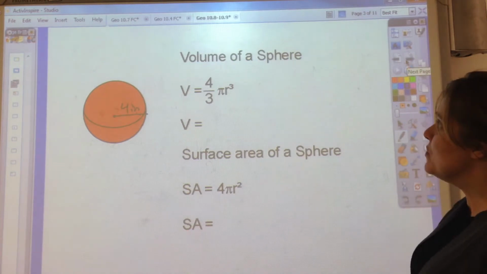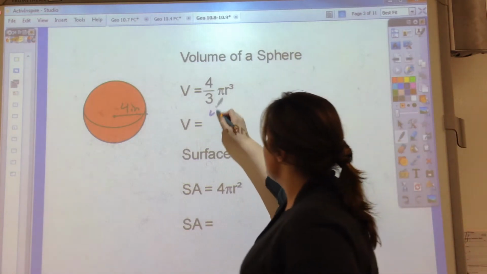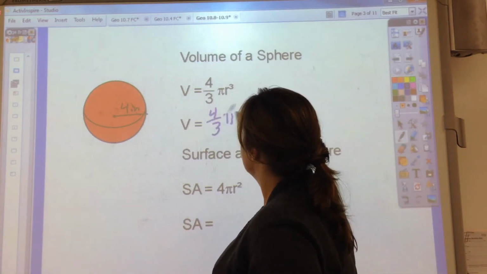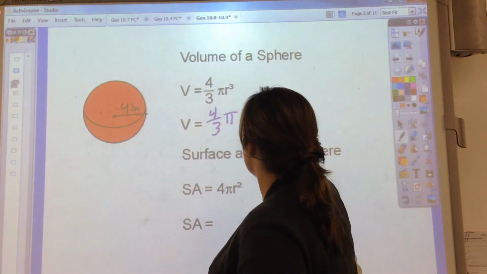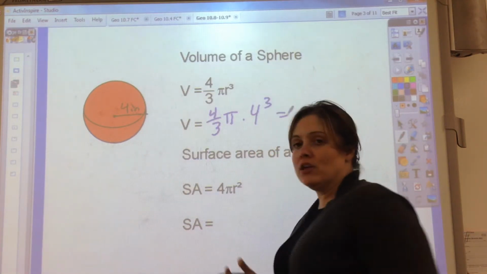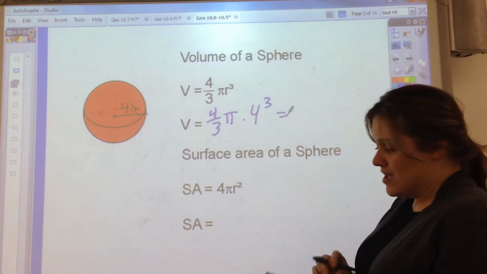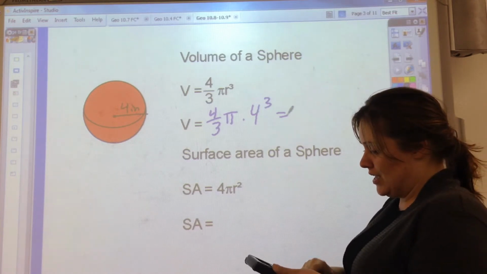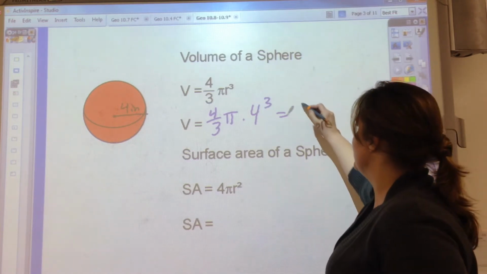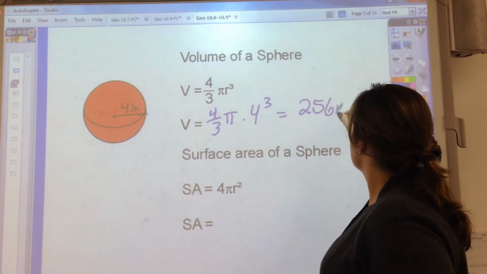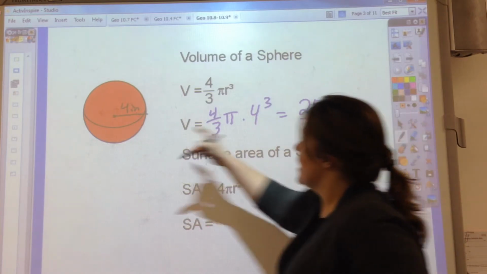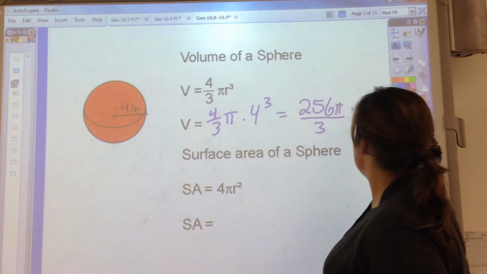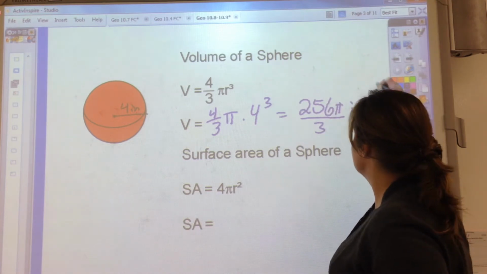All right, for the volume of a sphere, I'm going to plug in my radius, which is 4, and I cube it. When I cube 4, I get 64. Times 4 is 256. And I used inches, so I'm going to have my answer in inches cubed.